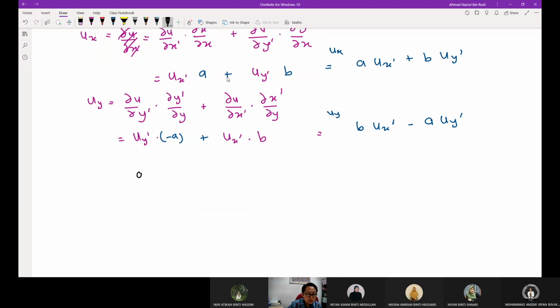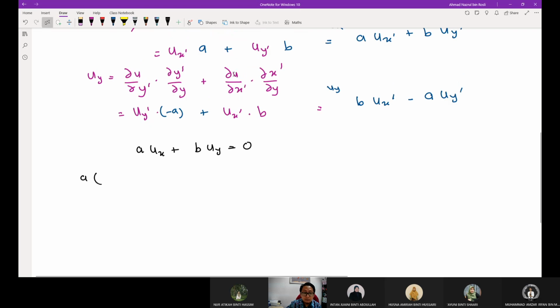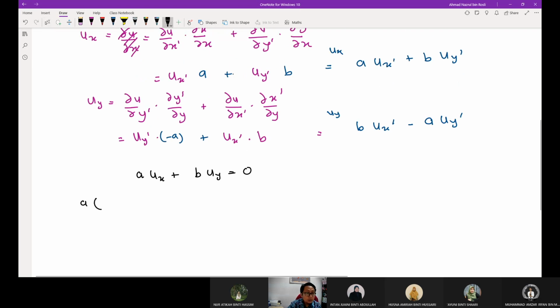So from the equation a ux plus b uy equal to 0, we can replace with ux here. So you will get a times a u x prime plus b u y prime, plus b times b u x prime minus a u y prime equal to 0.